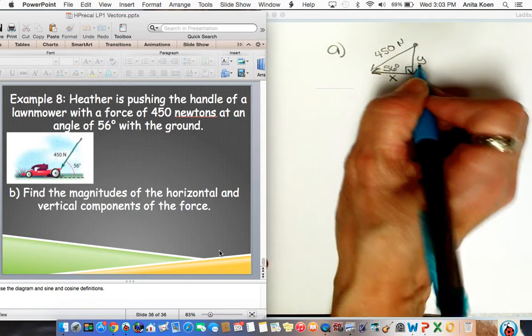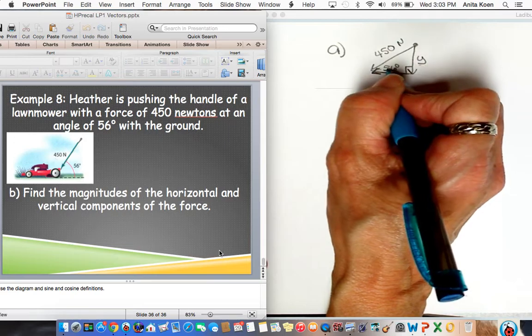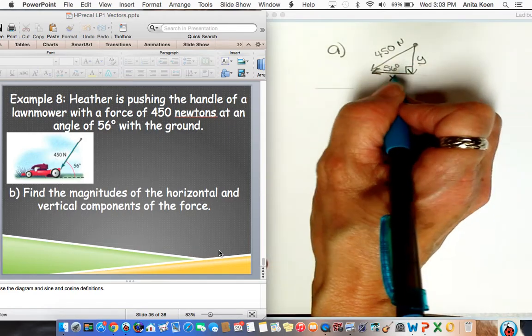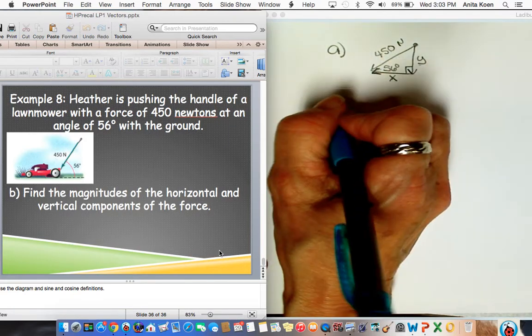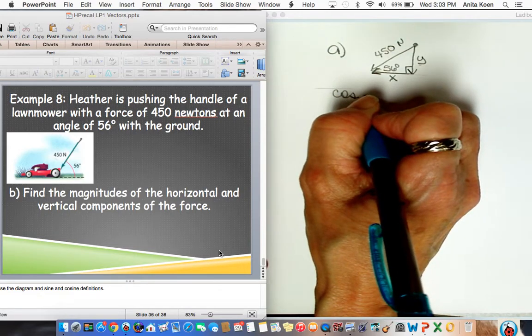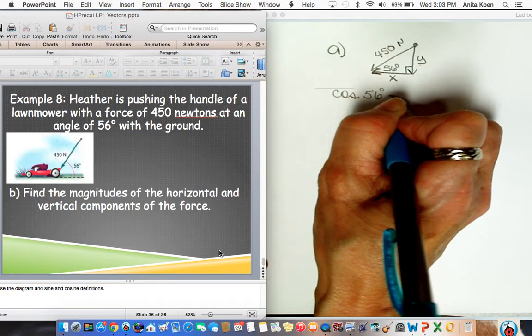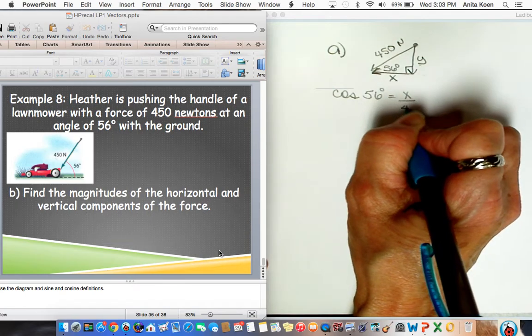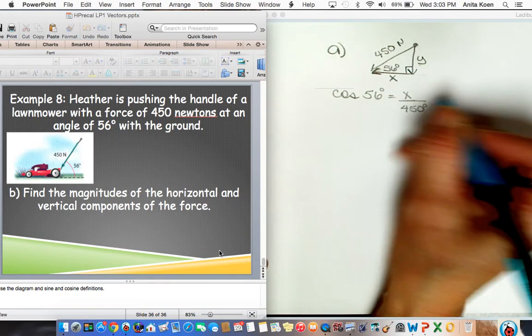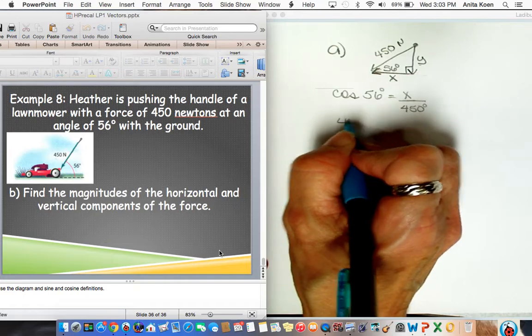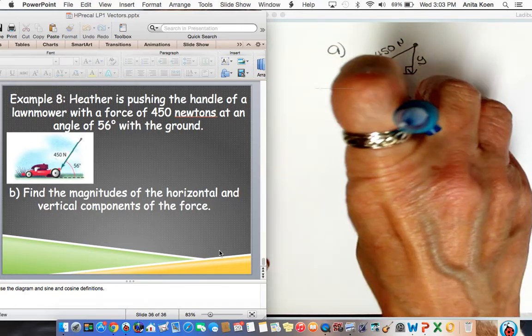So to do that, I can use my right triangle trig. Okay, I can say X is equal to the adjacent over the hypotenuse, which is the cosine of 56, is equal to X over 450. Oh, that's not degrees, I apologize.